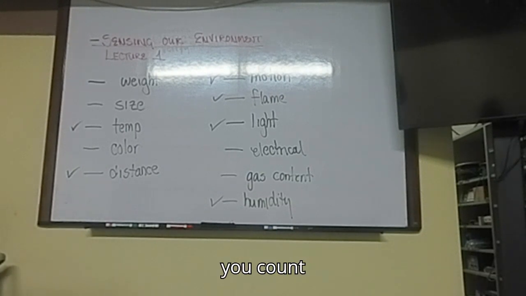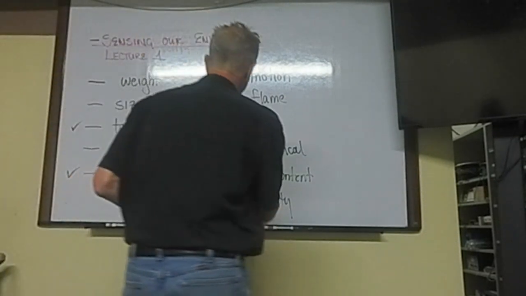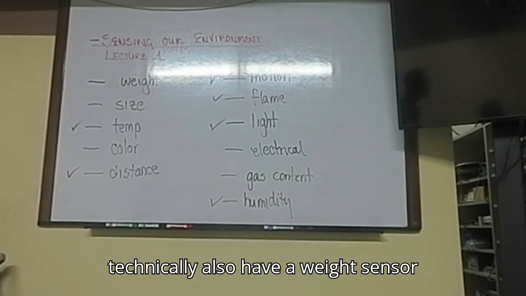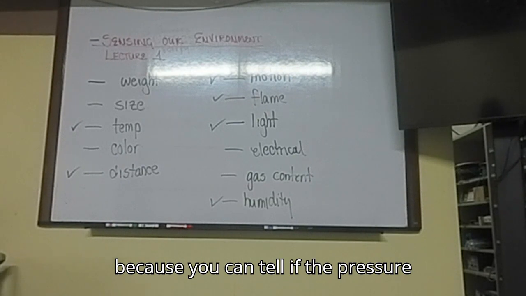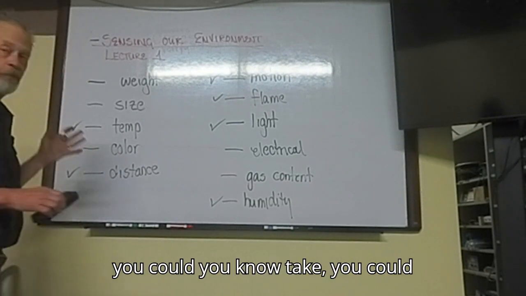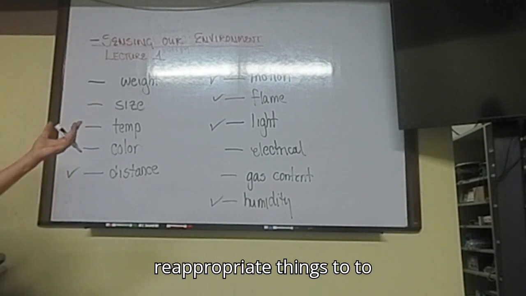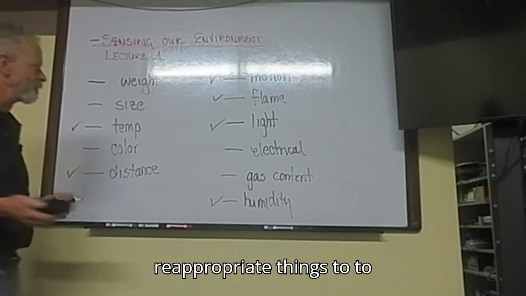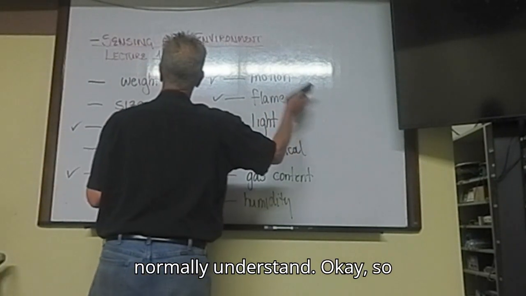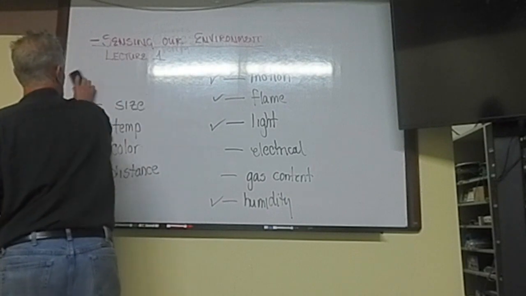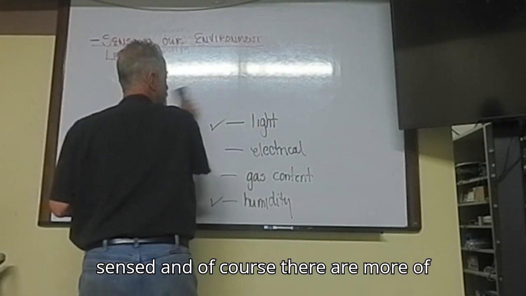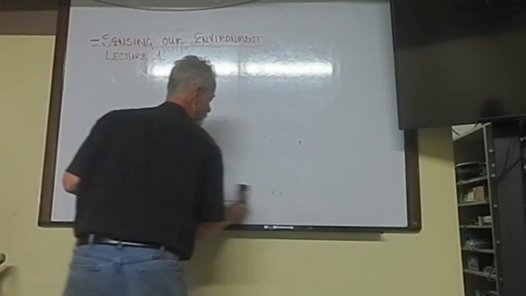Technically, if you count the button pad, the number pad thing, you also have a weight sensor, because it can tell if pressure is being applied to it. You could reappropriate things to work in different ways that you might not normally understand. Okay, so all of these are items that can be sensed, and of course there are more of them.